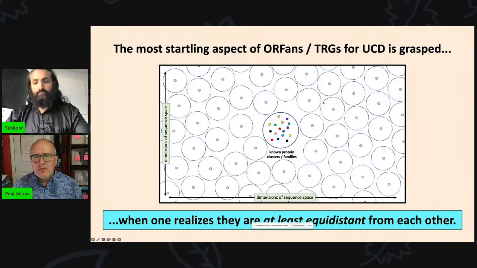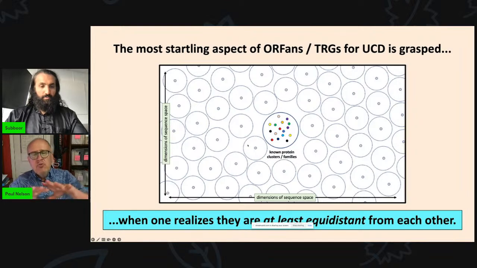But the spheres here are given to you by radii that extend. Each of these is an orphan. Each of these gray dots is an orphan. From each of them, using the bioinformatics criteria that define orphans, a radius extends so that as you move out from known protein clusters and families into the orphans portion of sequence space, you have to travel a very long way indeed until you find the next orphan.